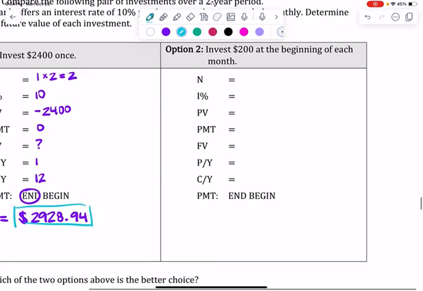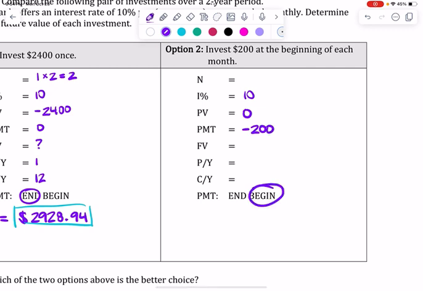When I take a look at option 2, I still have the exact same interest rate. I'm not making a one-time lump deposit, so I have a PV of 0, but I am investing $200 at the beginning of each month. So I have negative 200 in my PMT. You have begin at the last PMT at the bottom there, and PY is 12. I'm still looking for my future value.